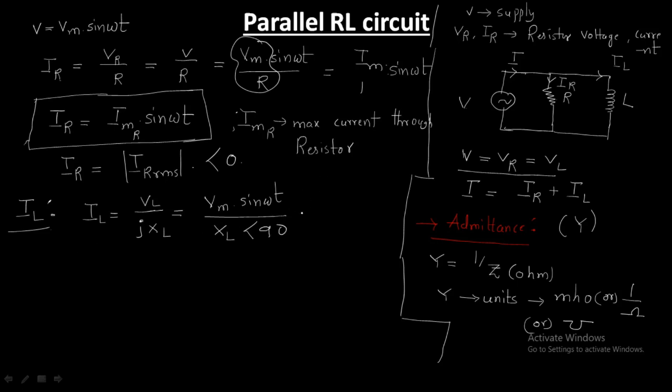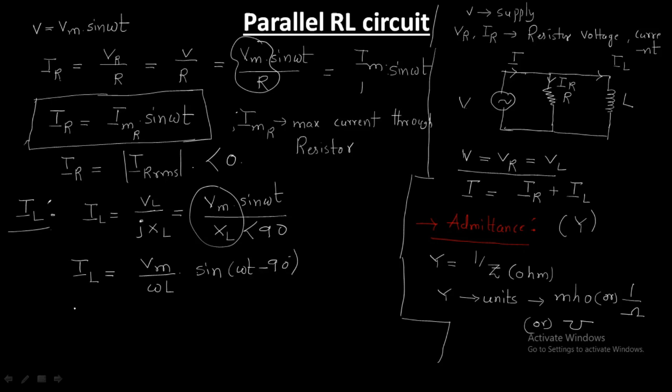So we can write IL equals Vm by XL, where XL value is omega L, and sin omega t plus 90 will become minus 90.